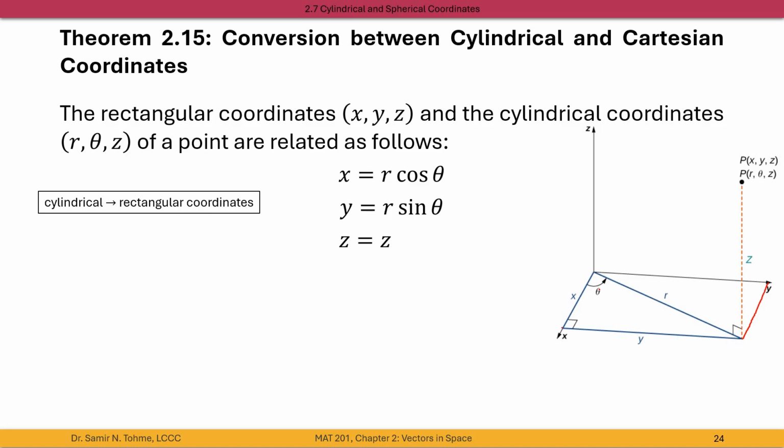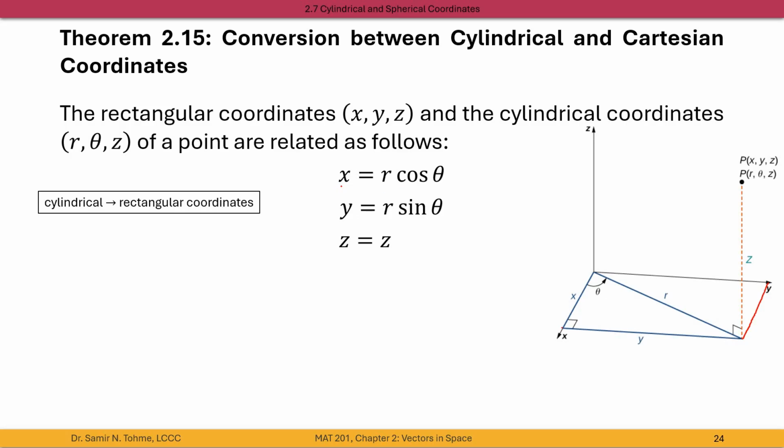The angle theta can be obtained from this right triangle. We will say that cosine theta is adjacent over hypotenuse. This is the adjacent side x, this is the opposite, and this is the hypotenuse. So cosine theta is equal to adjacent x divided by the hypotenuse r.